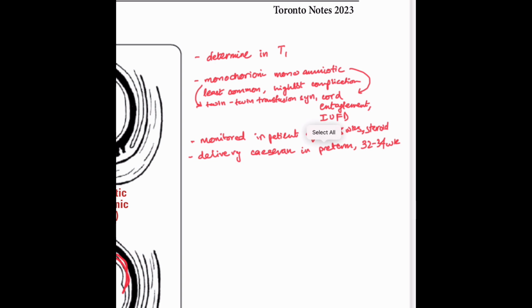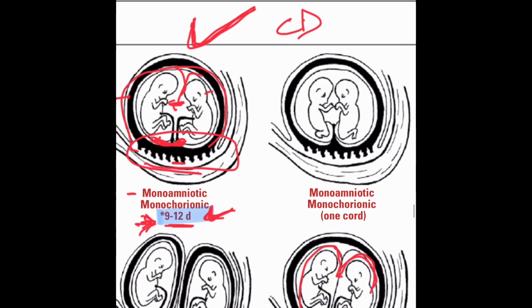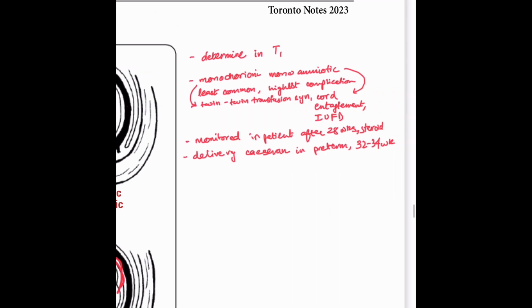And then cord entanglement, because both of them have their cords but no different amniotic sacs. If there was just one baby and one cord, there would be a risk of cord entanglement. But now imagine there are 2 cords, so the risk would be increased.